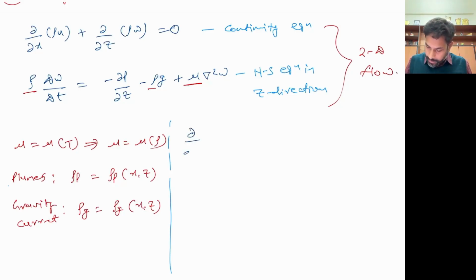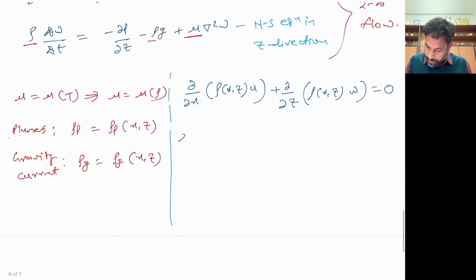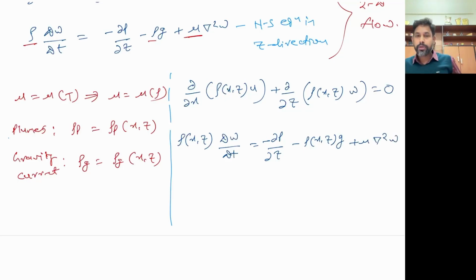So d by dx of rho(x,z) u plus d by dz of rho(x,z) w is equal to 0, and rho(x,z) dw by dt is equal to minus dp by dz minus rho(x,z) g plus mu del square w, right?